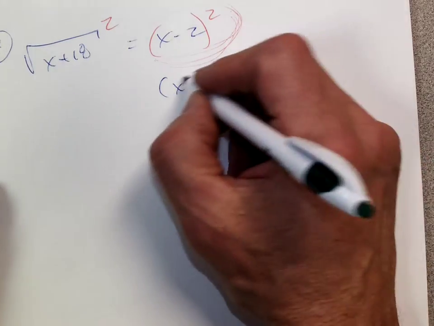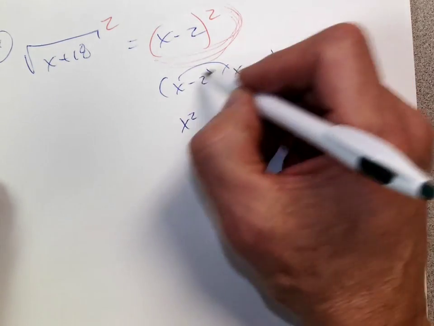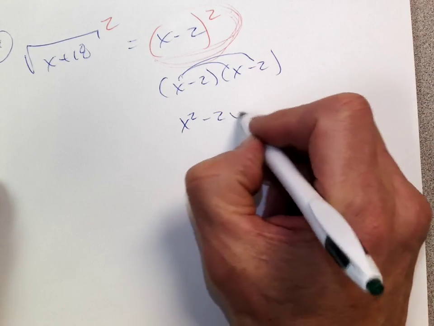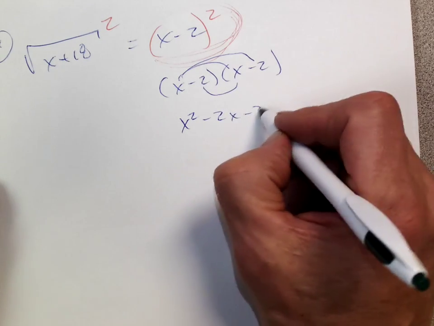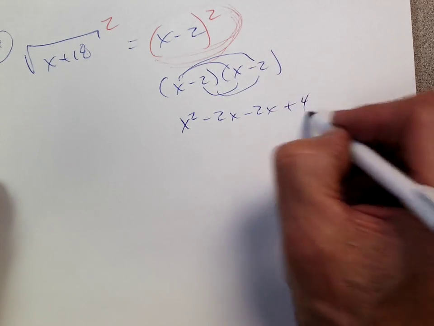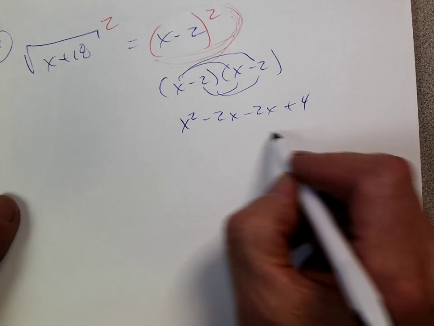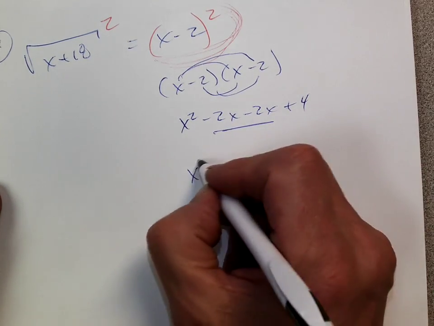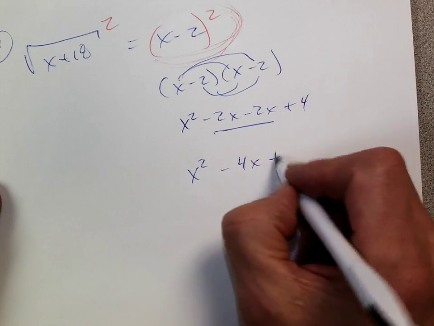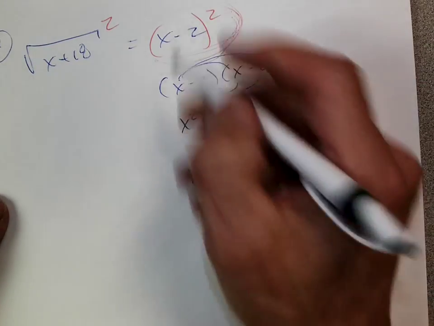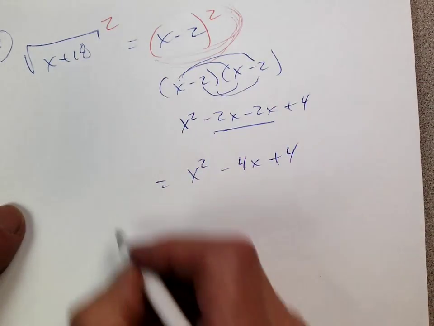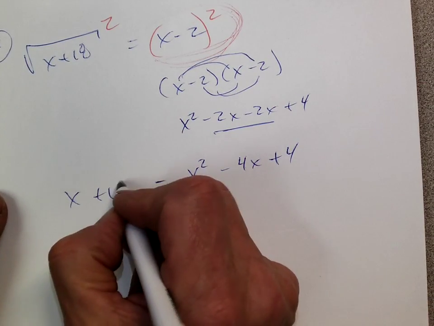So then you're going to get x squared minus 2x minus another 2x plus 4. You've got to FOIL it, don't you? Add those two, x squared minus 4x plus 4, right? All of that work just so we can have it equal to x plus 18, right?